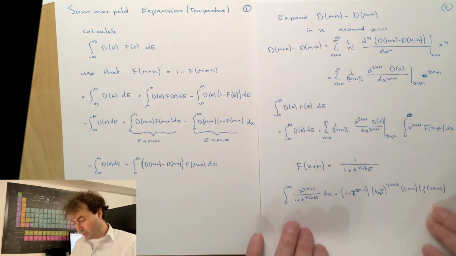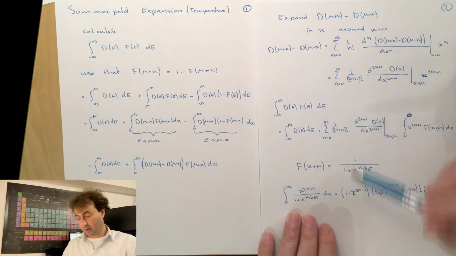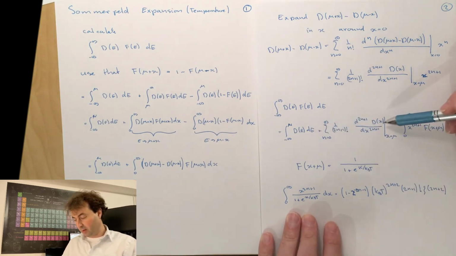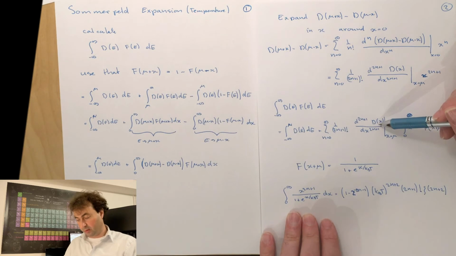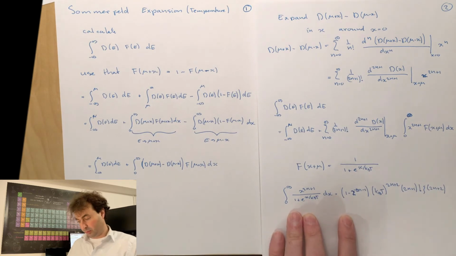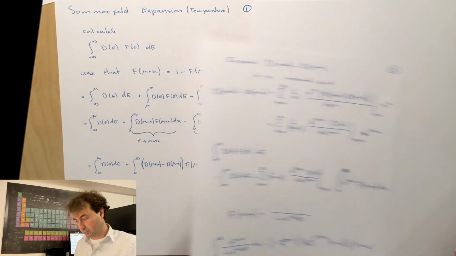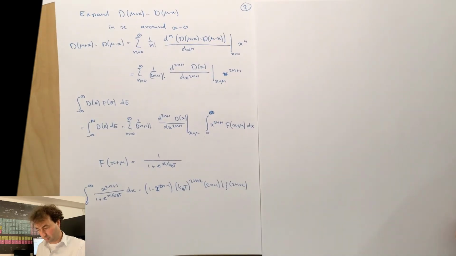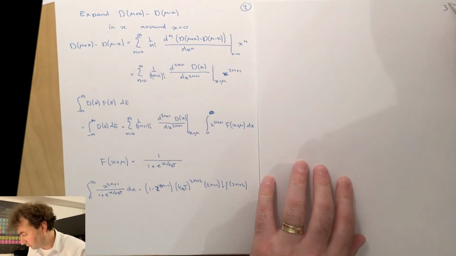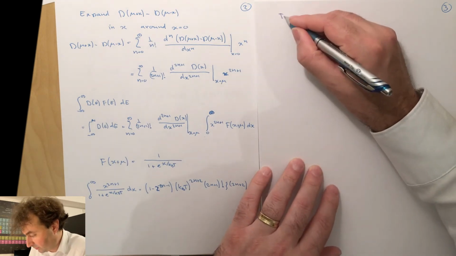So we have an exact expression for this integral in terms of a series that includes the odd derivatives of the densities of states, multiplied with a number. Now let's make some approximations.